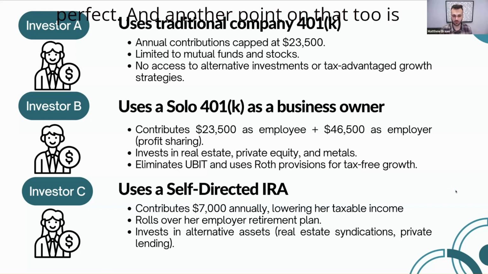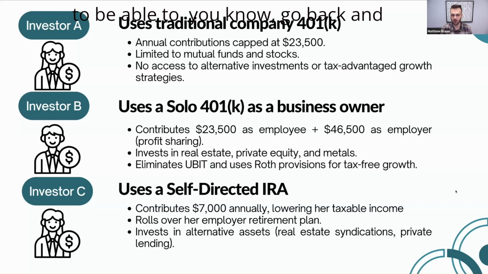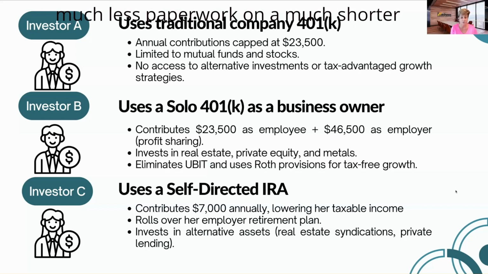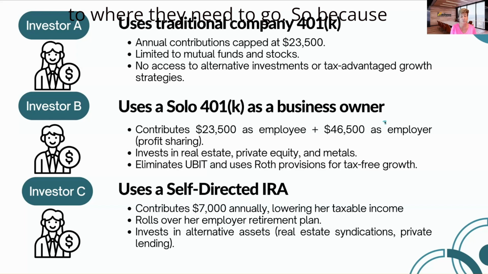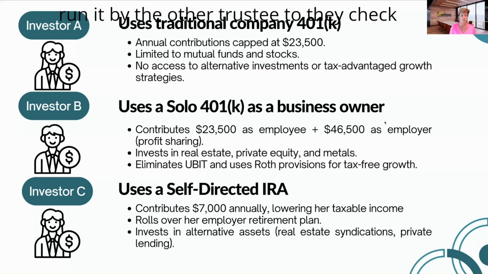That's perfect. And another point on that too is I'm sure it's nice from the transaction standpoint. You don't have that middleman, so I'm sure that it's easy for you to be able to go back and forth. Yeah, it's much less paperwork on a much shorter window to get funds wired to where they need to go. Because you're in control, as you said, you're the trustee, so you don't have to run it by the other trustee.